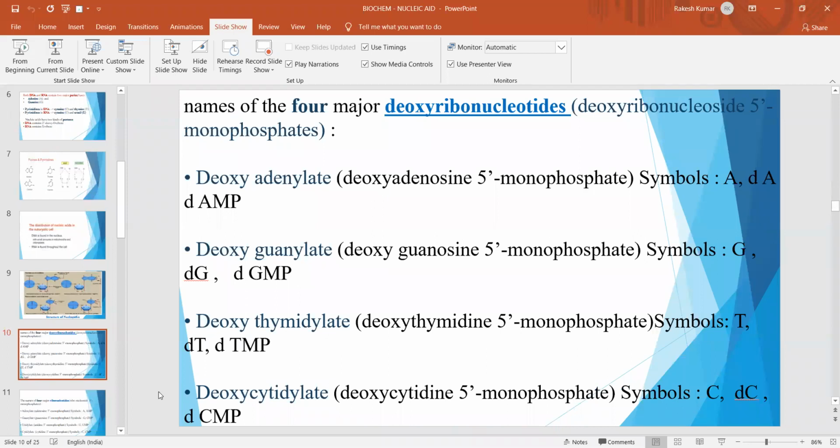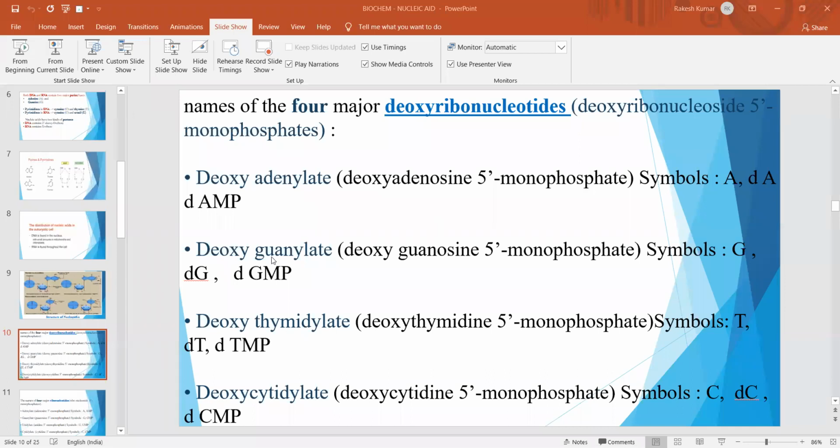Now we will see the four major deoxyribonucleotides, how they are named. For example, deoxyadenylate is also known as deoxyadenosine 5' monophosphate, and its symbol is A, small d A, or small d AMP.